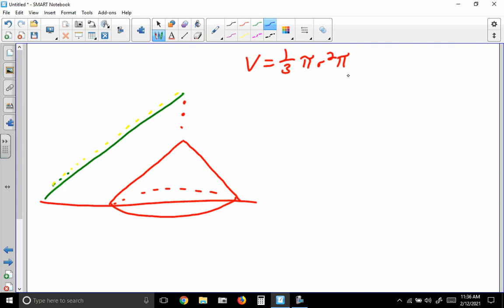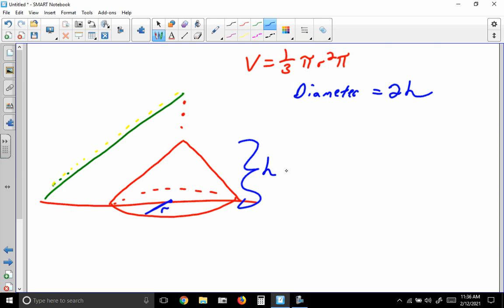And let's suppose this is something that would be given to you. Let's suppose that the diameter is twice the height. So the diameter is from one side to the other. So this would be the radius.